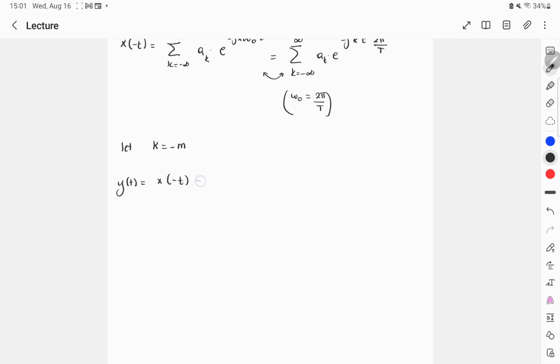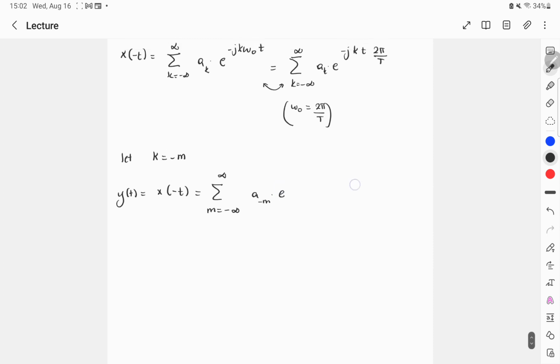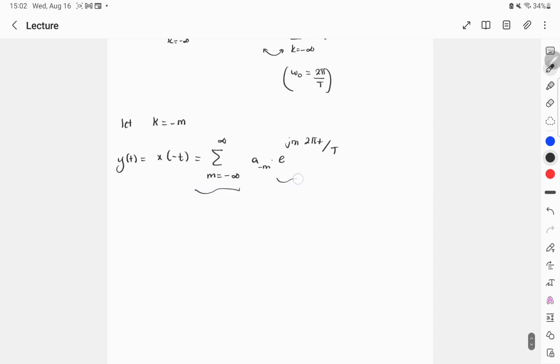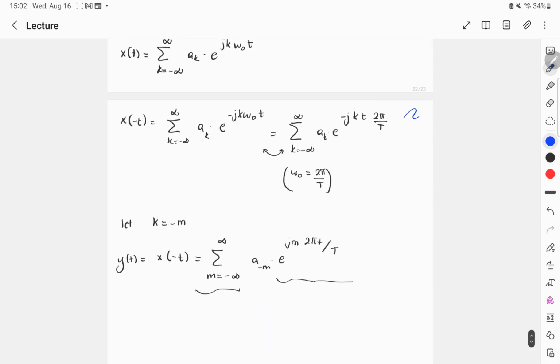which is equal to x of minus t, and we have the sum over m from minus infinity to infinity of a minus m e to the power of j m 2 pi t over capital T. So it is seen that these parts are completely the same as the above expression, which is this one.